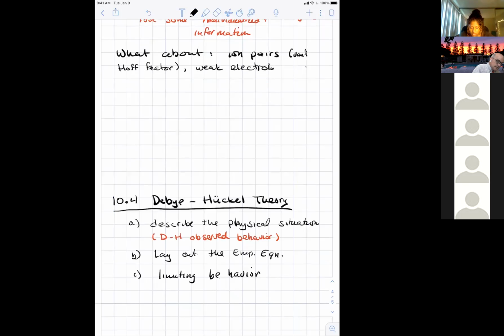Or weak electrolytes, right? So both of these situations, let me write this down, both of these examples, there may be other examples that do the same thing.